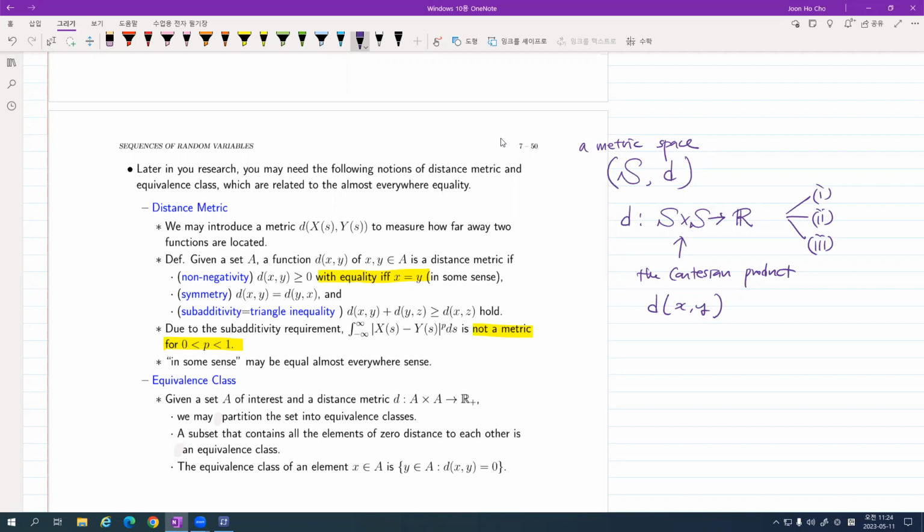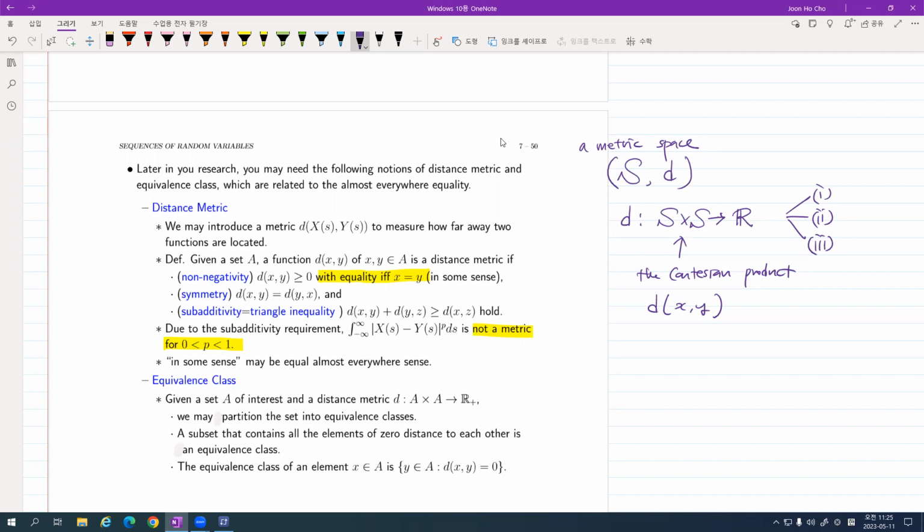And in this case the arguments are functions, but you can just assume that you are given an abstract space S. It could be any set. It could be a set of functions, a set of real numbers, a set of matrices, a set of tensors, no problem.